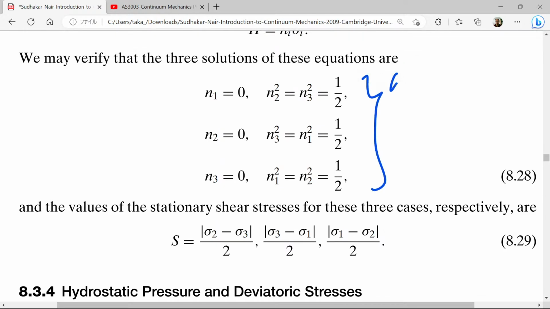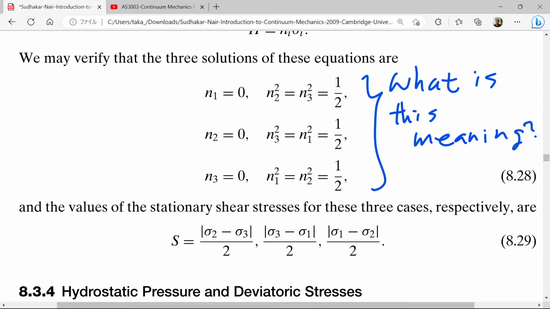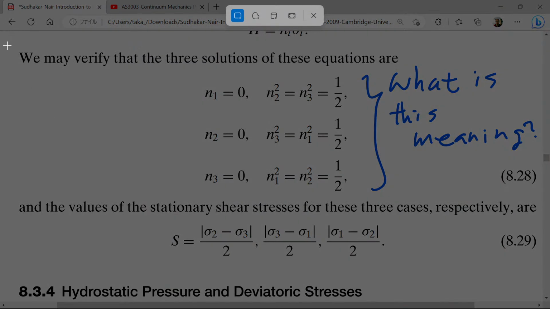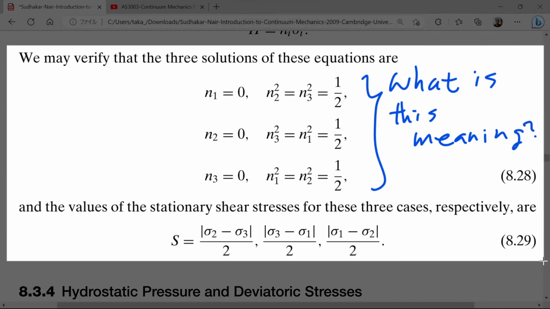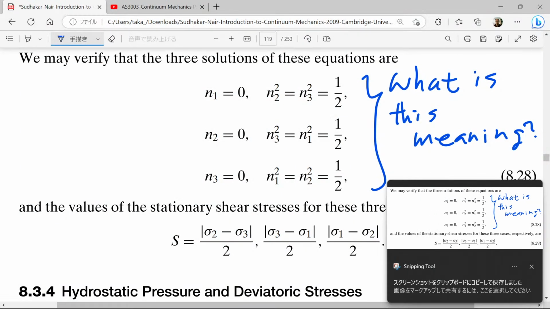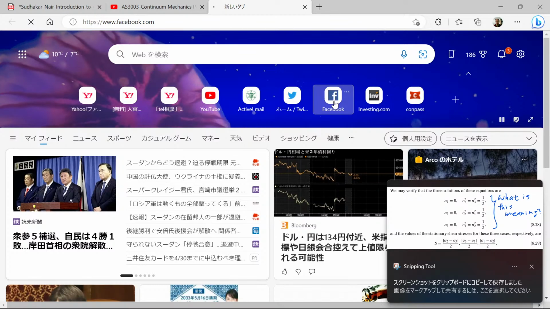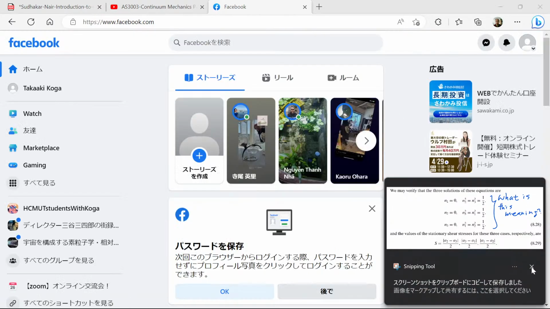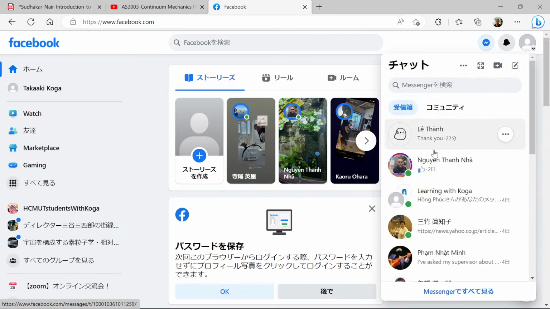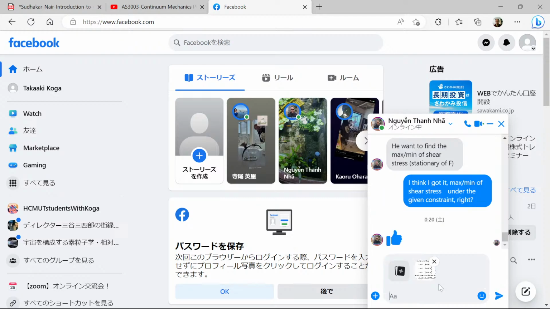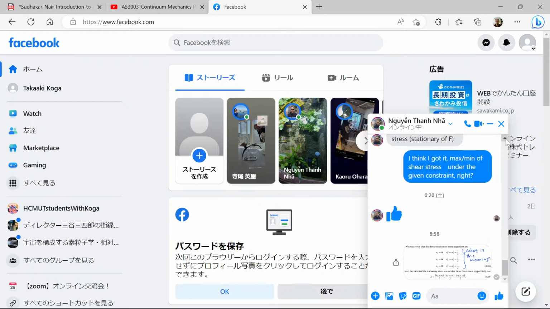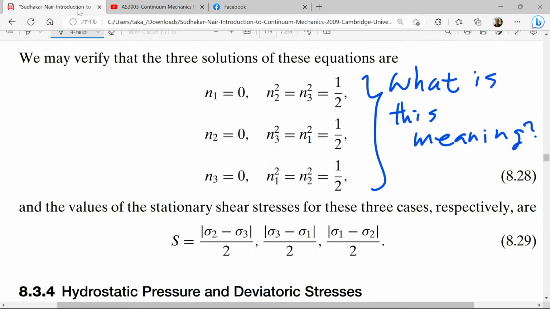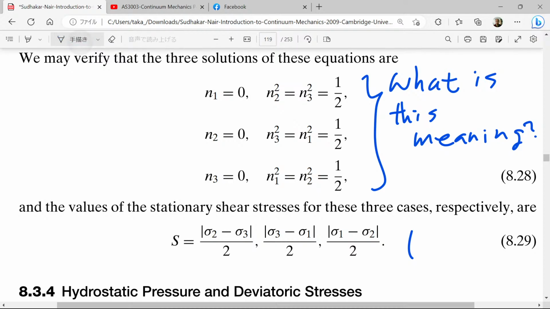So what does this mean? Maybe I can ask. So you can go to the next section. Okay, we try to go to the next section.